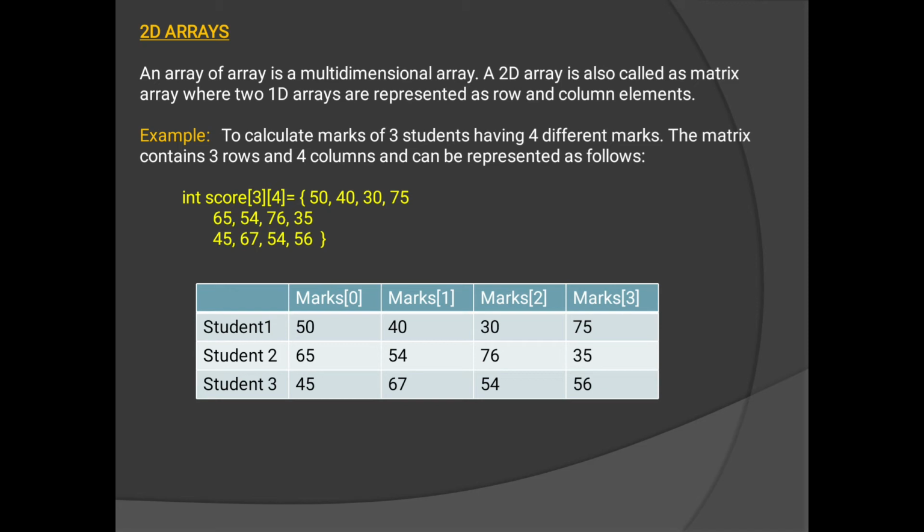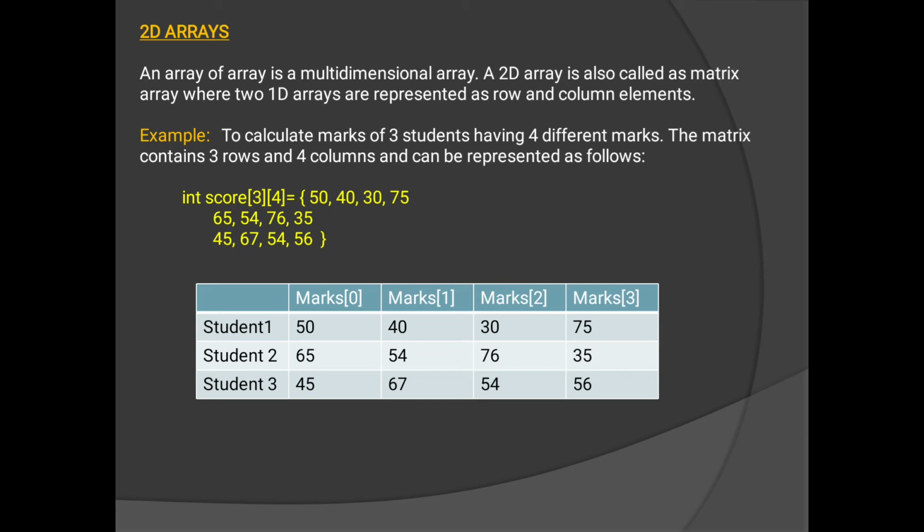So 3 represents the row and 4 represents the column. That is a combination of two arrays, score 3 and score 4. Here the array score[3][4] is initialized with the values 50 40 30 75 in the first row, 65 54 76 in the second row, and 45 67 like that in the third row.